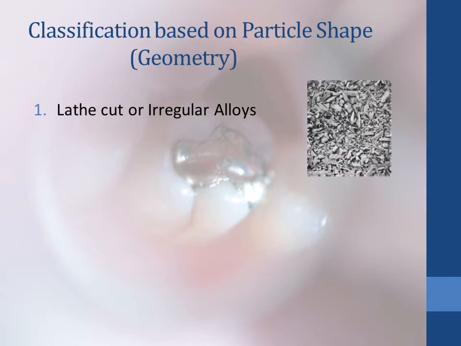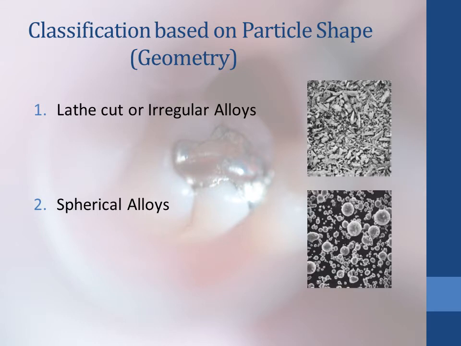As you can see from the picture, this is a microscopic view of lathe cut or irregular alloys, and you can appreciate that the particles are irregular and prismatic in appearance. And then the other type is the spherical alloys. Again, from the picture, you can appreciate that they are very regular, rounded structures.